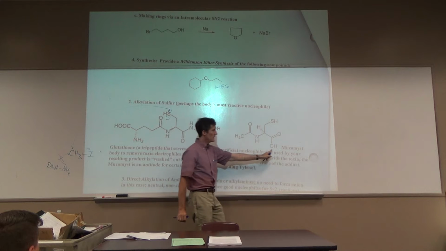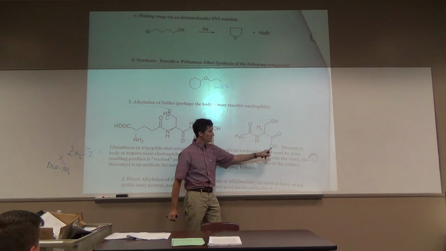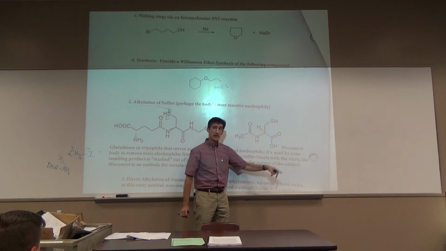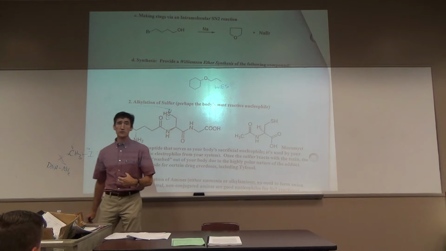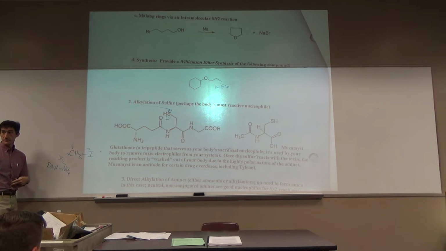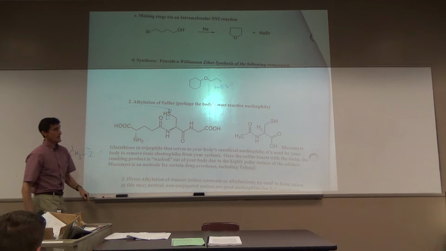Mucomyst is given when you have a patient that is overdosed on Tylenol. Because Tylenol forms a reactive species that reacts with nucleophiles, particularly in your liver. It will ruin your liver because proteins in your liver react with the reactive species there.